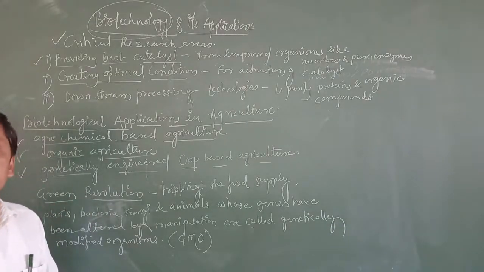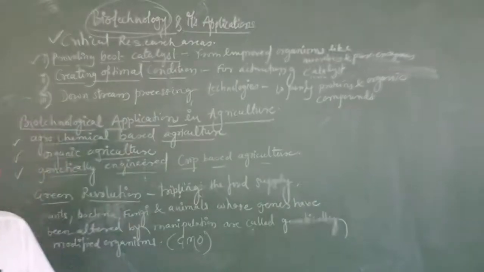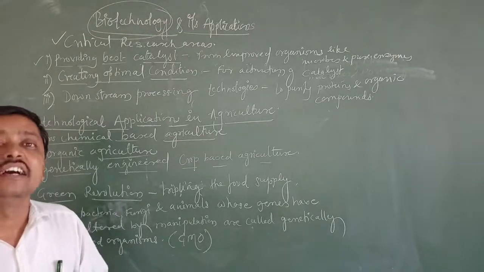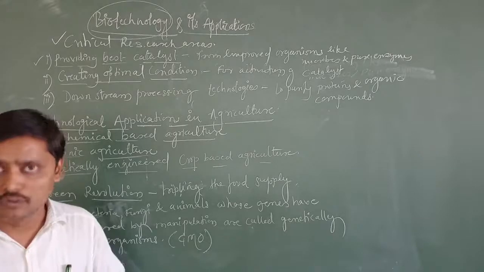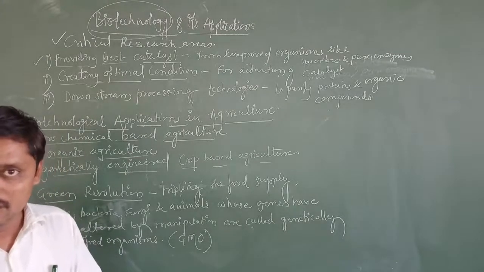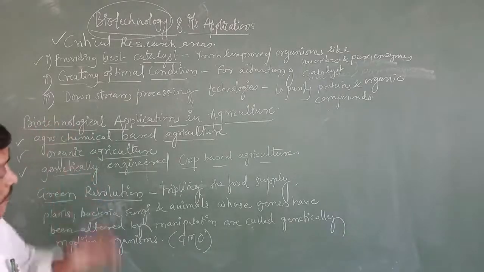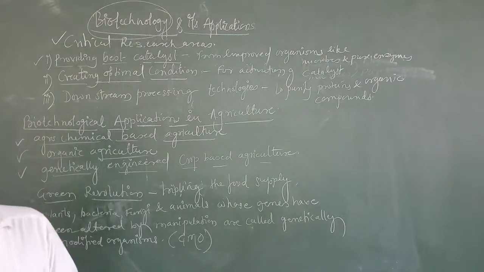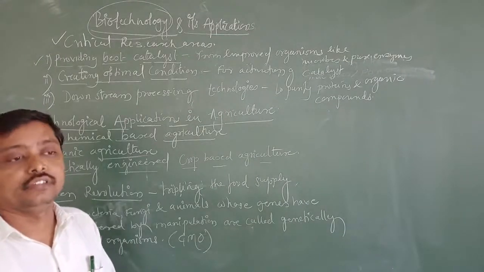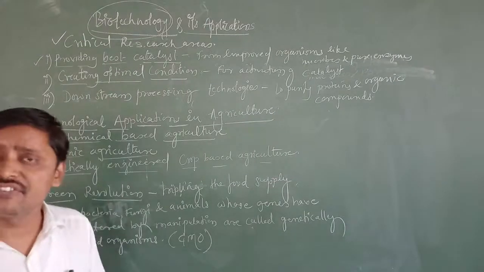But in today's increasing population, we need to produce more and more yield of food crops, more and more food production. For that, we have to use biotechnology. Now, how does biotechnology help to increase food production in agriculture?